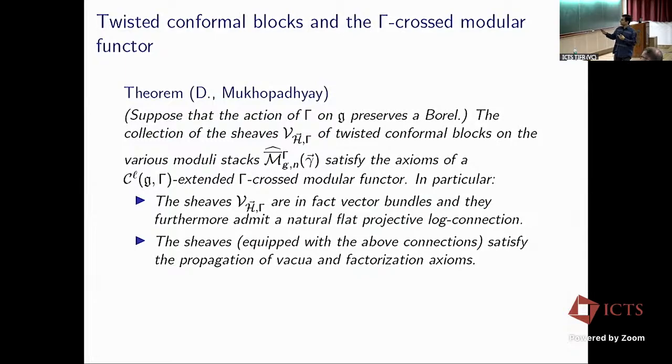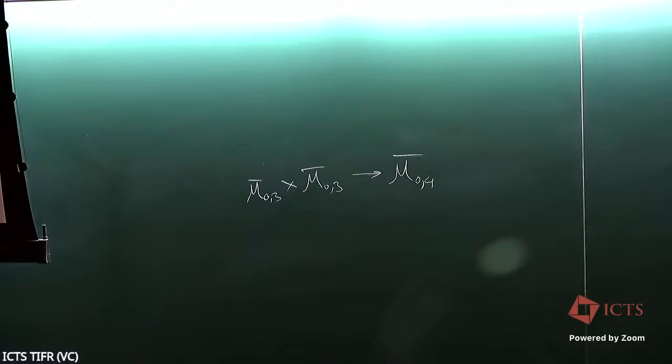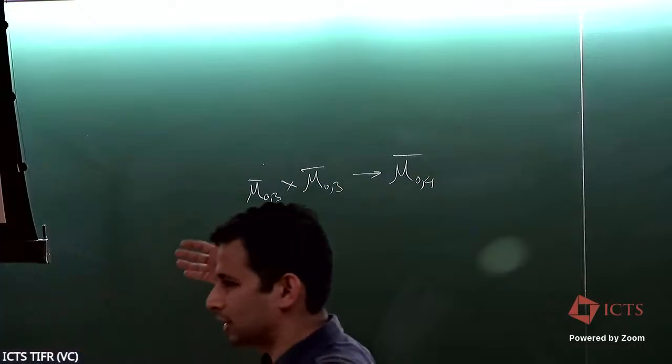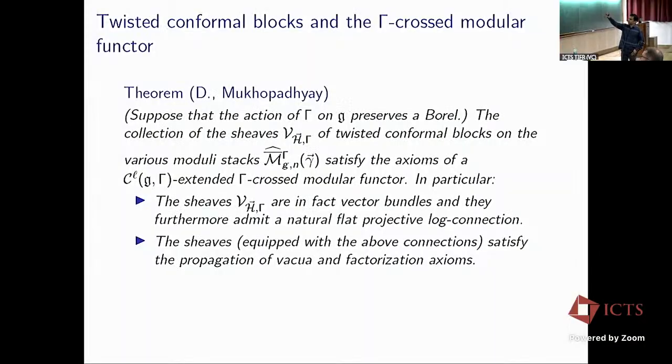About this factorization, we need to look not just at the pullback of these sheaves, but also at the connection. You need to take the specialization of the connection, and then there is some compatibility with the specialization that needs to be checked. And there are various functorialities, and there are some other conditions.